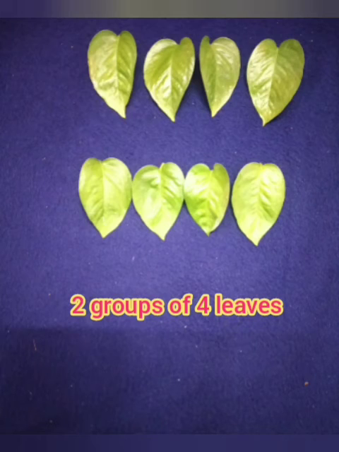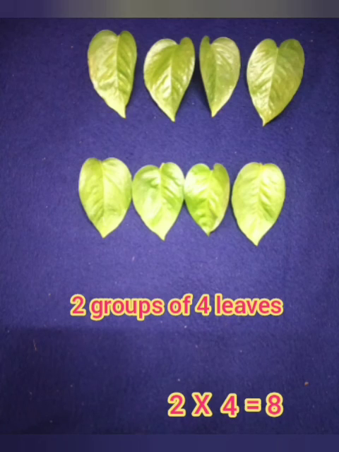So how will we write this in multiplication form? Yes, we will write the number of groups, that is 2, then put the multiplication sign, then the number of leaves in each group, that is 4. So we can say 2 multiplied by 4 is equal to 8.